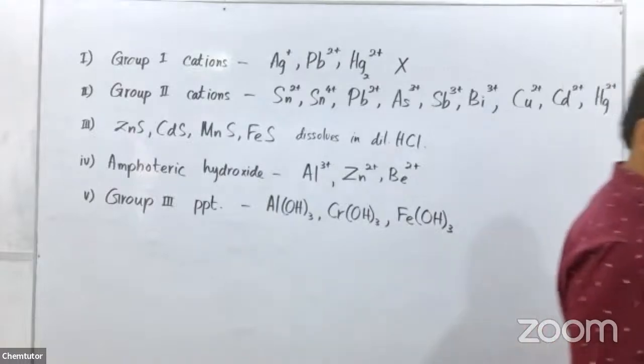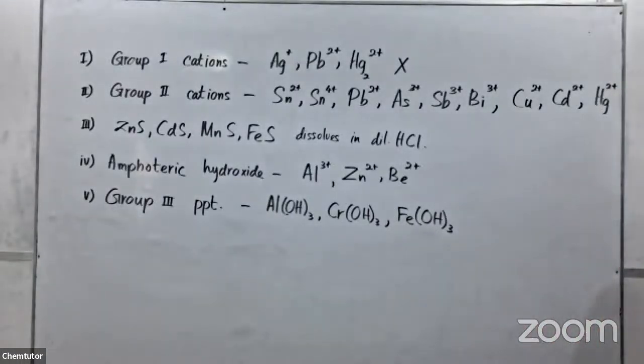Right. Then we can say the white precipitate is aluminum hydroxide. Therefore, aluminum 3+ ions are present in the solution.